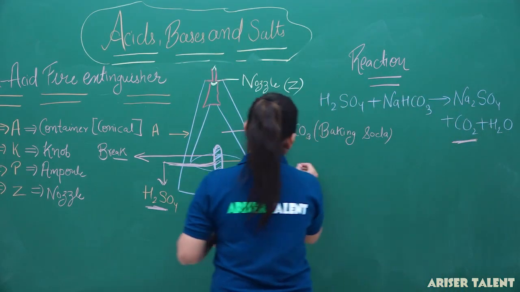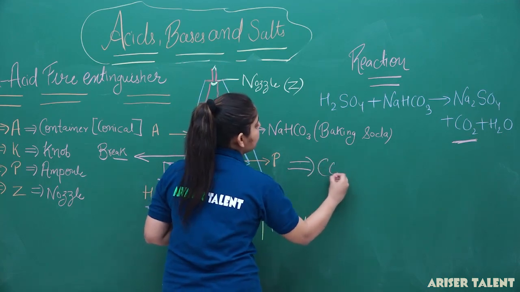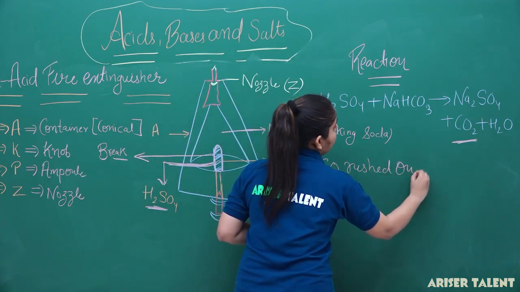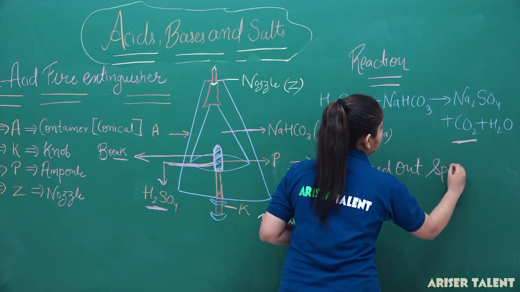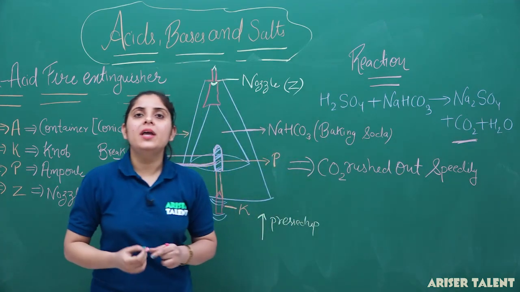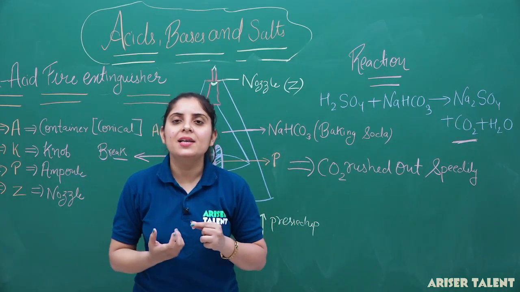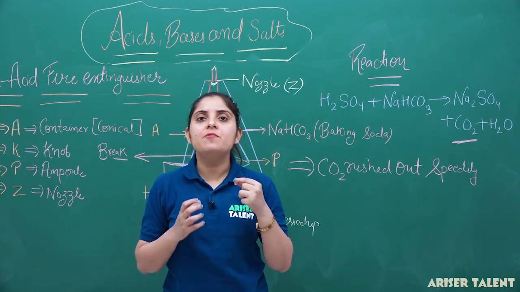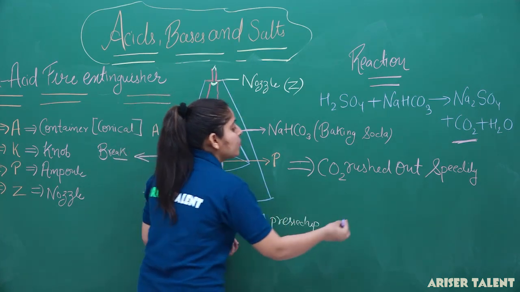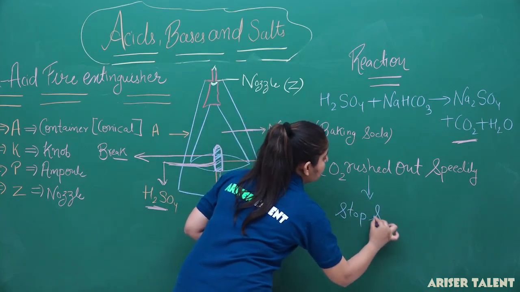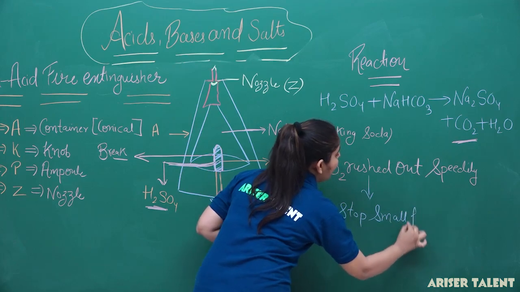So what will happen in this case? CO2 rushes out very speedily, and we know that CO2 cannot be used as a fuel in the case of fire. It usually acts as a fire extinguisher. So what it will do? It will stop small fire accidents.